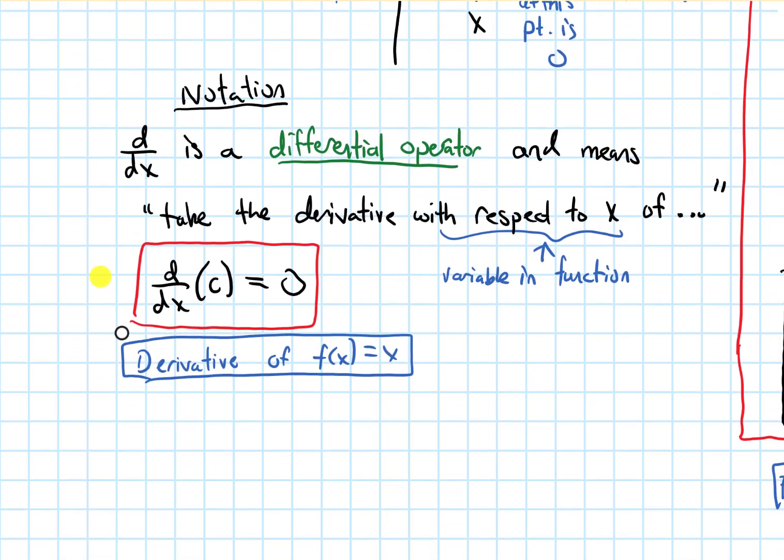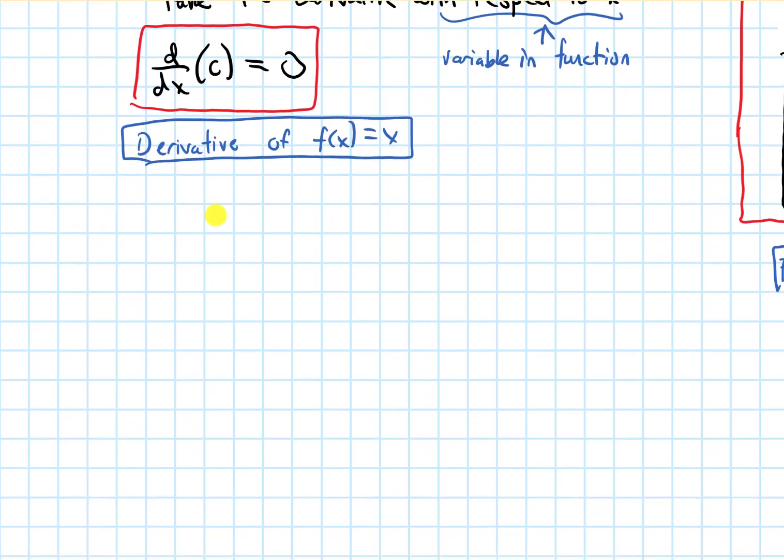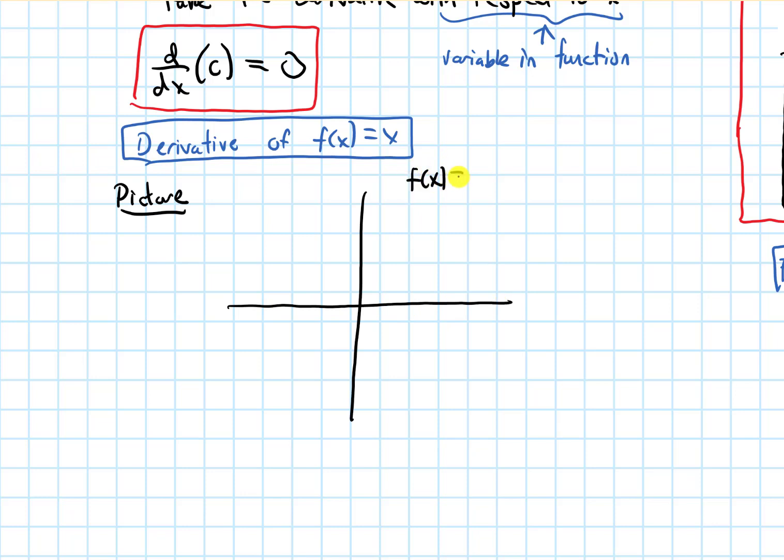Next, let's get a formula for the derivative of f of x equals x. I'm going to take the same approach here. I'm going to do it with a picture, because both the constant function and f of x equals x have a very simple graph, for which I can always draw the tangent line easily. So if I draw some axes, and I draw the function f of x equals x, that's a line with a slope of 1, and the y-intercept is 0.